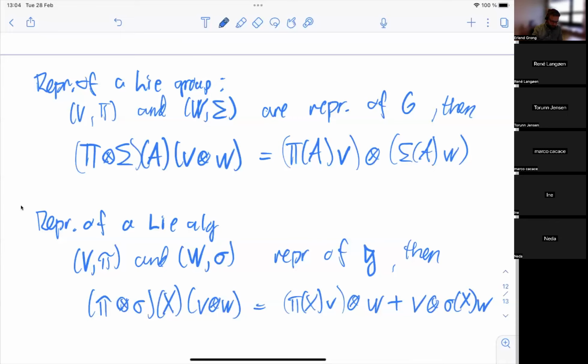We need to use a sort of product formula when it comes to the algebra.